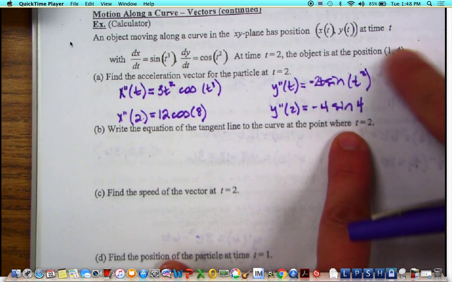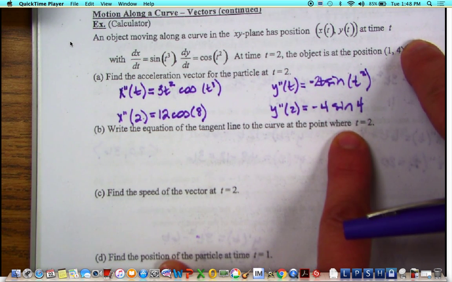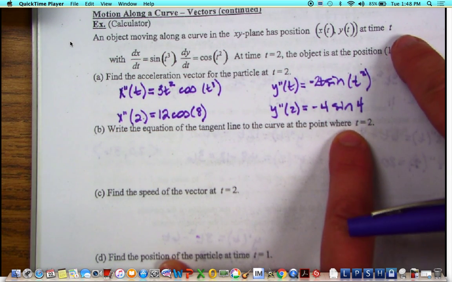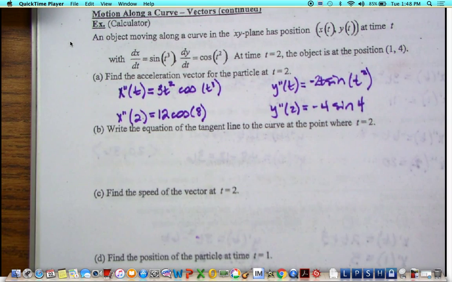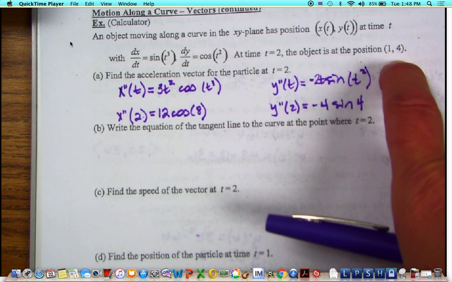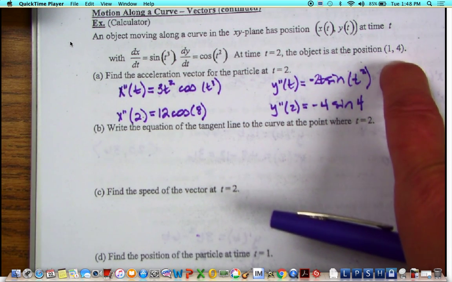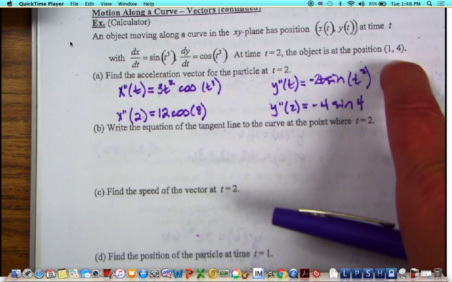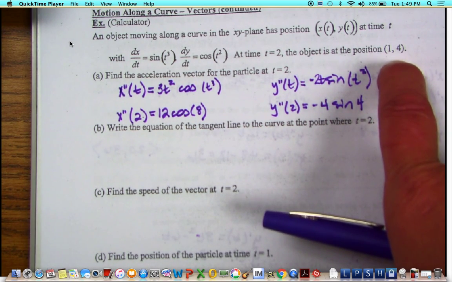These are what kind of coordinates? They are whatever somebody said, that is position, but they're x and y, right? They are x and y coordinates. So going back to what Vinny said, if I want to write an equation of a tangent line to a curve at this point that is defined as 1, 4, that's an xy, I now need dy dx.